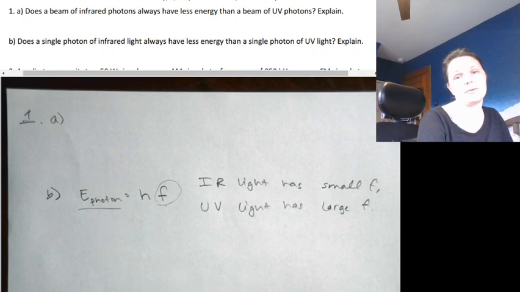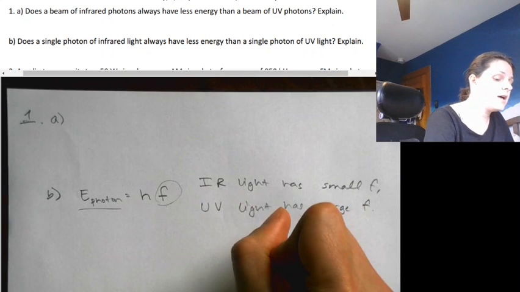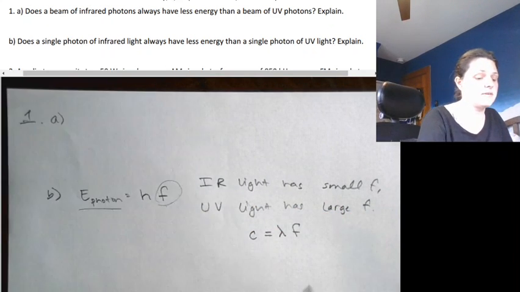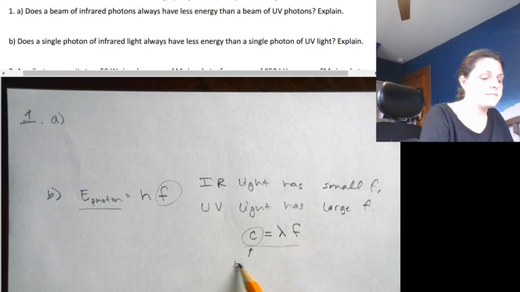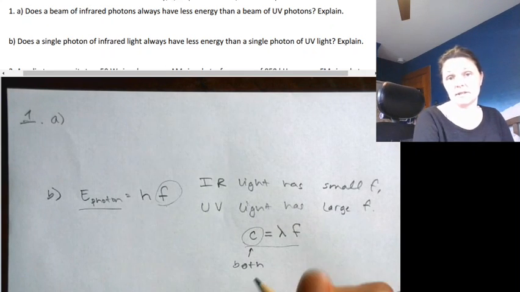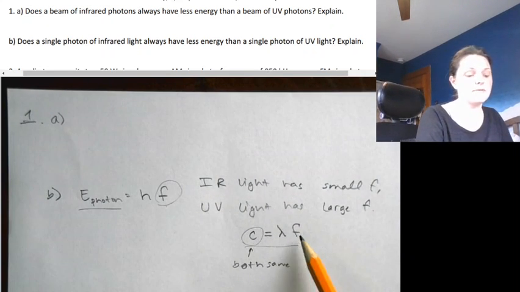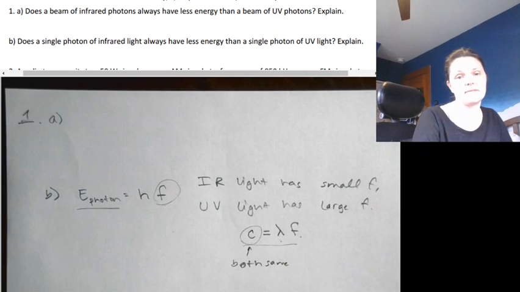And there's a table in your book where you can look up the wavelengths and frequencies of various different things. Remember, if you have the wavelength, you can always know what that means about the frequency and vice versa via this relationship right here. Both of them have the same speed, namely the speed of light, which means that a big frequency is a small wavelength and a small frequency is a big wavelength and vice versa.